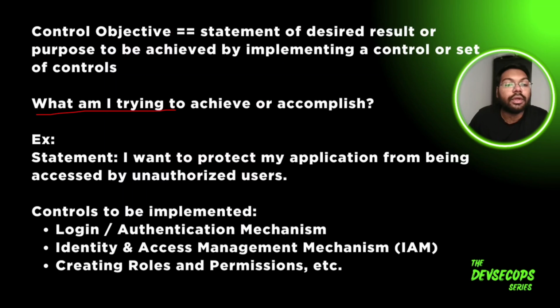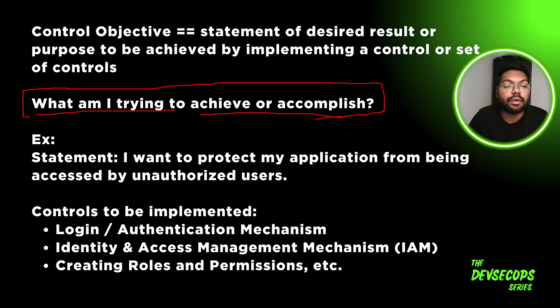Okay, so you need to ask, what am I trying to achieve or accomplish if I want to consider a control objective? What will be the end goal if I apply this particular control for my organization or for my application? So let's say, for example, I want to protect my application from being accessed by an unauthorized user. Now, what kind of controls would you use to do that? The controls you would use are a login or authentication mechanism.